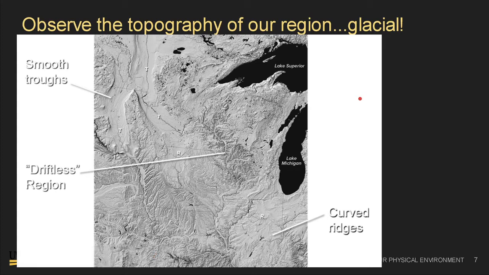To understand the geomorphology of our state, Wisconsin, you have to talk about glaciers because glaciers formed most of Wisconsin in the most recent Wisconsin glacial episode, the Wisconsin glaciation, up to around 11,000 years ago.